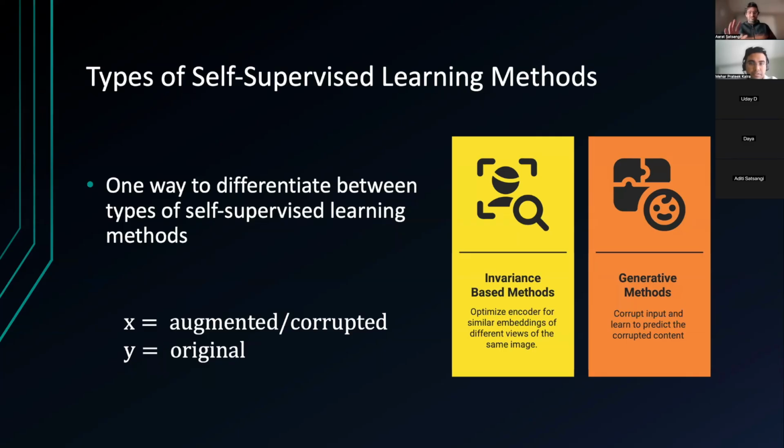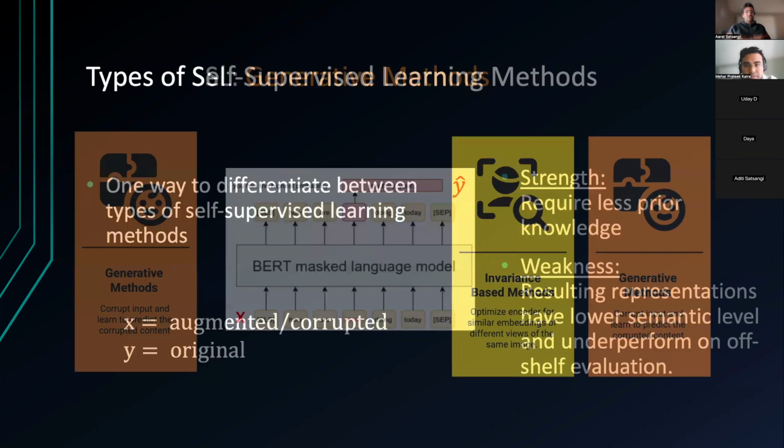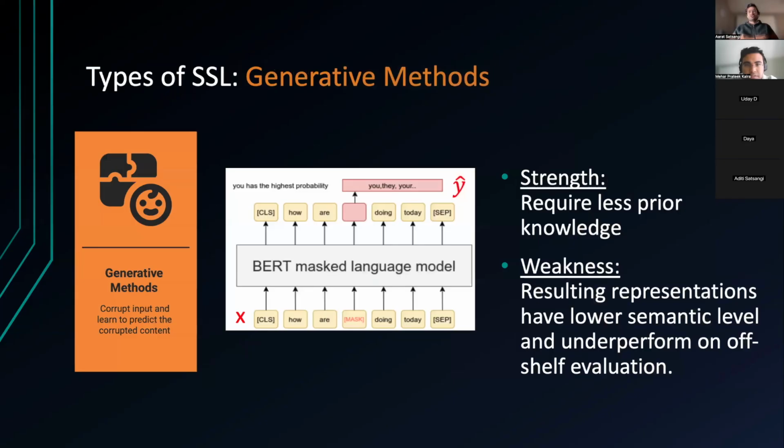Okay, so first let's look at what I mean by invariance-based methods and generative methods. In generative methods, you would have seen things like BERT, masked language models and so on. You are given an input X with some corrupted part of the input, and you want to learn to predict the corrupted content completely.